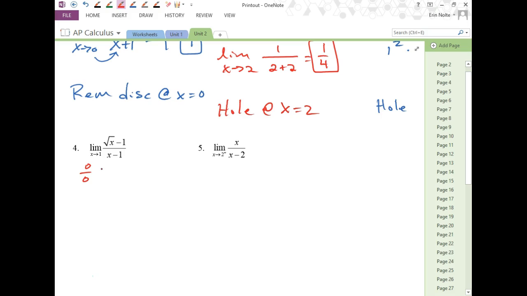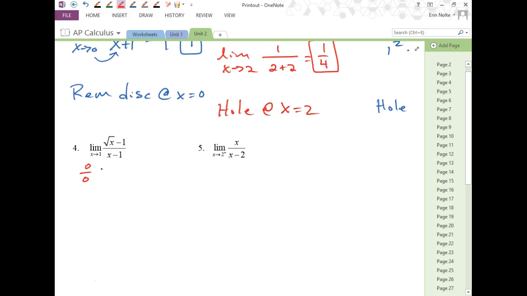Does anybody remember how you manipulate this particular function? It's kind of close though. You don't square the whole thing. Okay, so we're going to multiply by something.